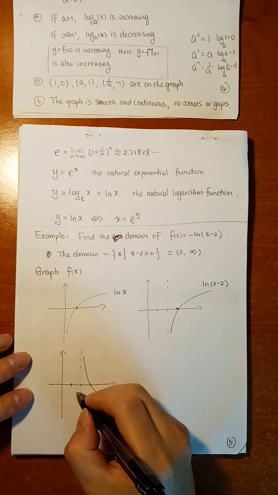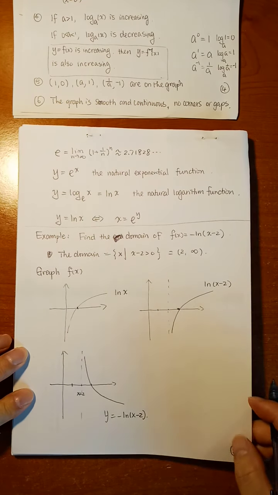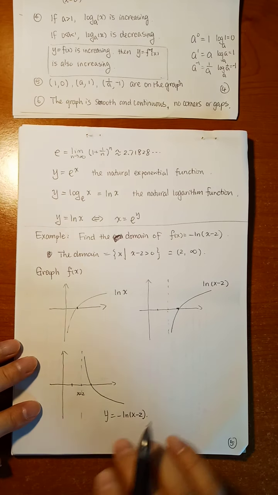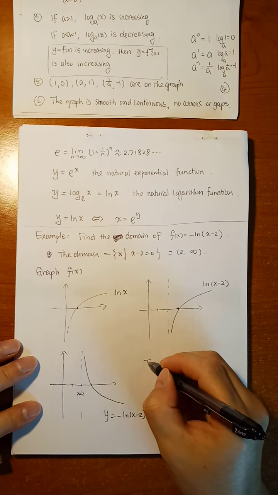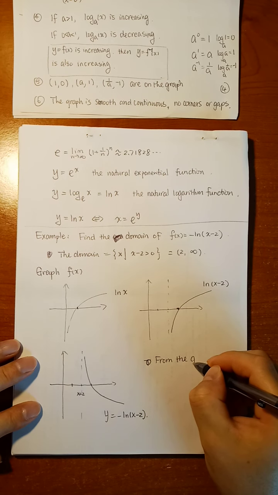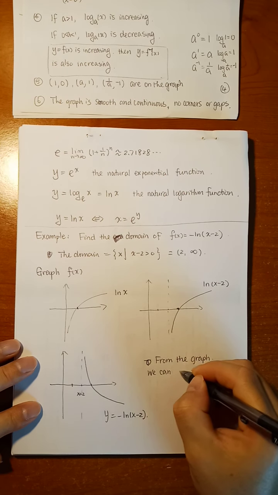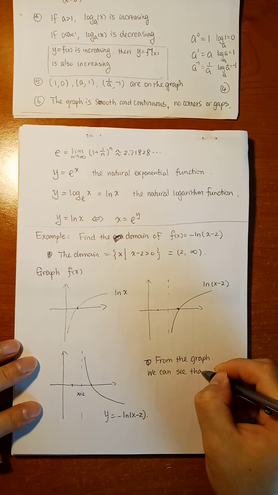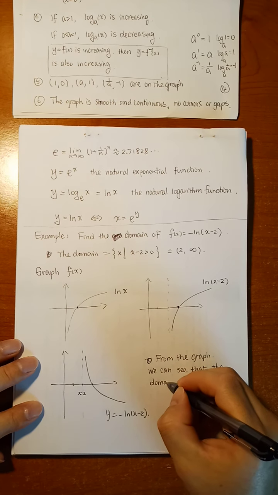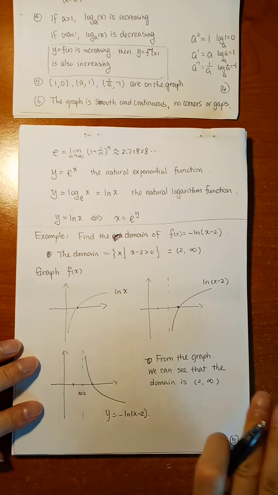And this is x equal to 2. From this graph, we can determine the domain: it's always on the right side of 2. We can see that the domain is from 2 to infinity.